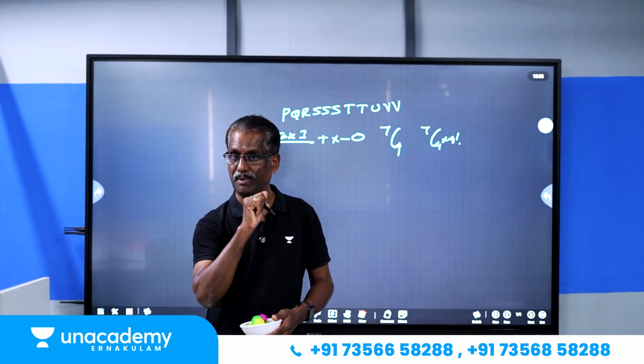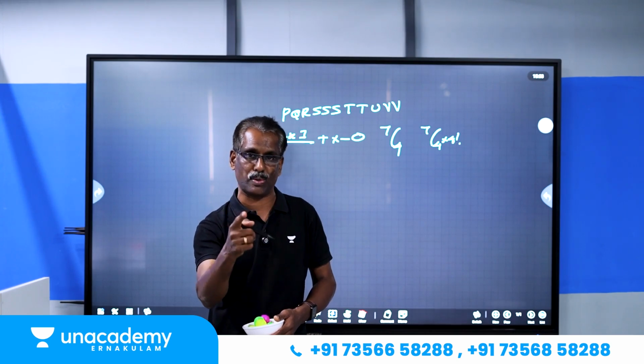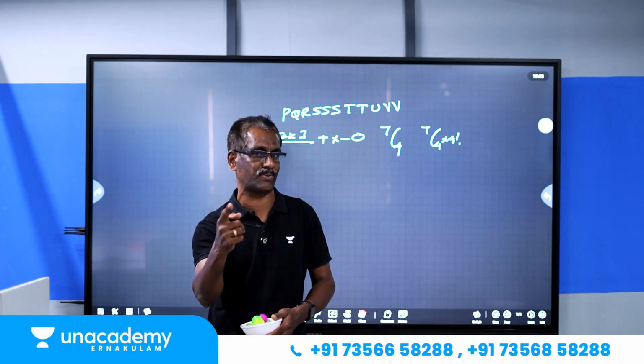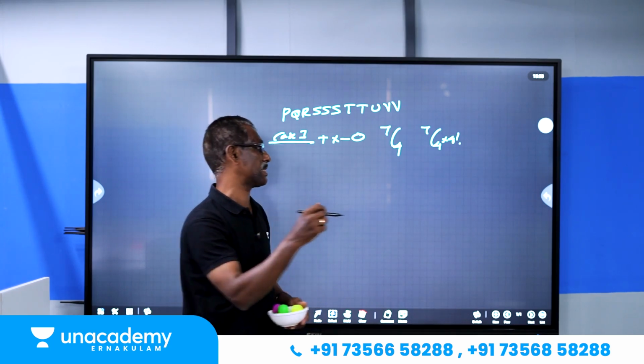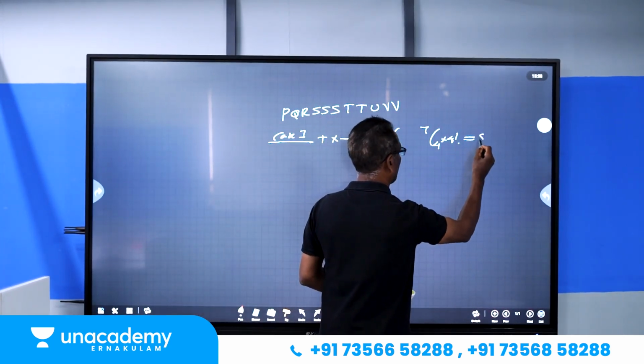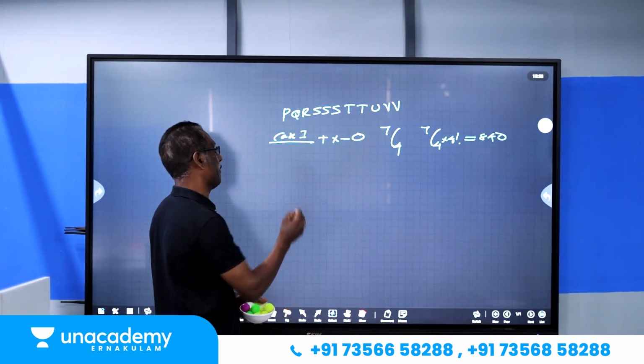That is 35. 35 into 4 factorial, 35 into 24. 35 into 24 is 35 into 20 plus 4, that means 700 plus 140, which is 840. So this is the first case, 840 words which you can form.